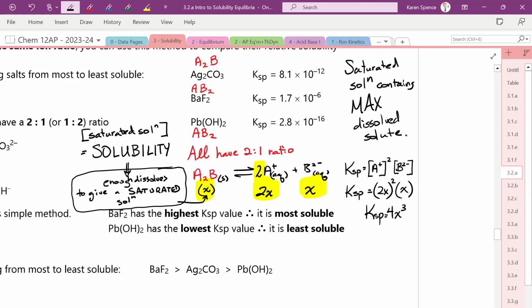Yes? And what have we defined as meaning solubility in our equation? We've defined X as solubility. So we're saying let X be the solubility, which is the concentration of a saturated solution. Yes?